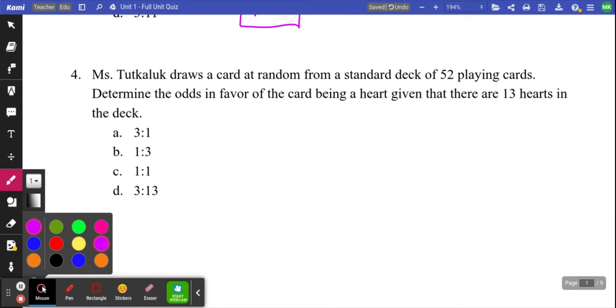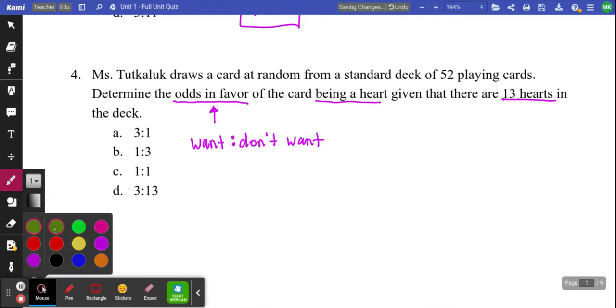Miss Tuckluck draws a card at random from a deck of 52 playing cards. Determine the odds in favor of a card being a heart, given that there's 13 hearts in the deck. Okay. We want to determine odds in favor. Okay, that means you want to put what you want first, what you don't want second.